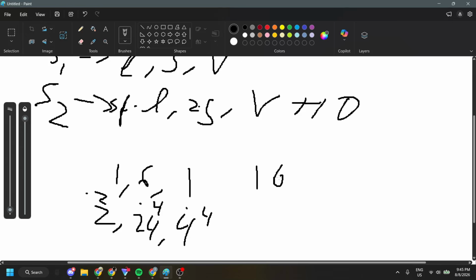Let's try this again. 1, 6, 1. And then we go to 3. No, this is 8. I did this wrong. It's 3, and then we have 2 times 2, so this is 9 times, so 54, and this is going to be 27.